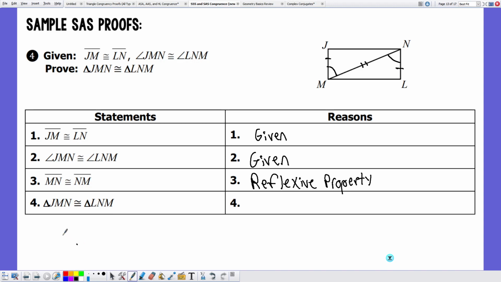So now we have established a pair of congruent sides, a pair of congruent angles, and then finally a pair of congruent sides. The angle is between the two sides, therefore triangle JMN is congruent with triangle LNM by side angle side congruence.